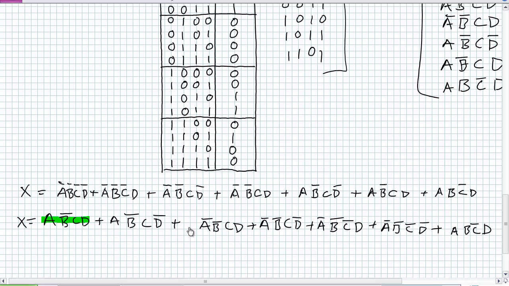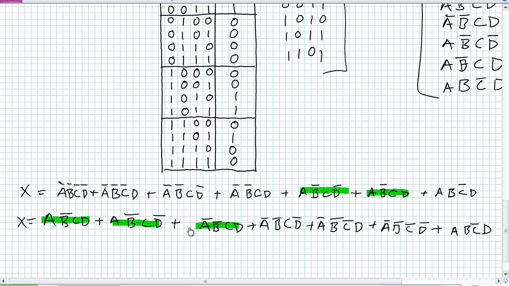How am I going to figure this out here? Just look for, so that one's highlighted in green. Where's A, not B, C, D? Right there. So it's accounted for. Where's A, not B, C, not D? Right there. Go through and find where these things are.